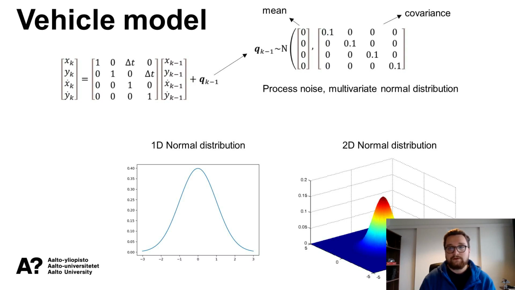Yeah. So now this is our complete vehicle model for the system. So basically, very simple equations, just that the positions change according to velocity. The velocity stays the same, and then we add a little bit of noise there to basically show that the model is not exact.